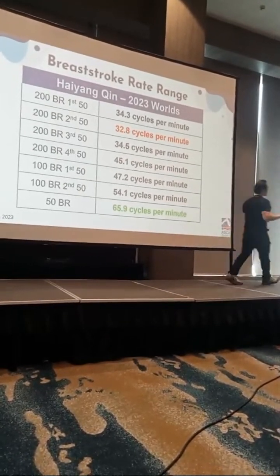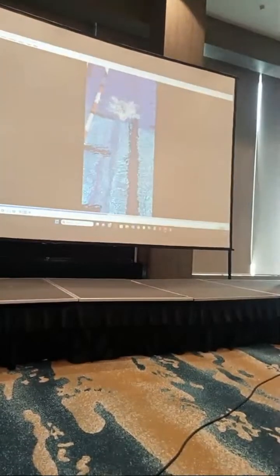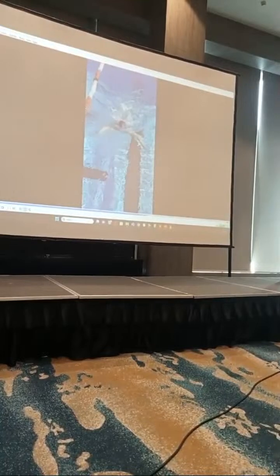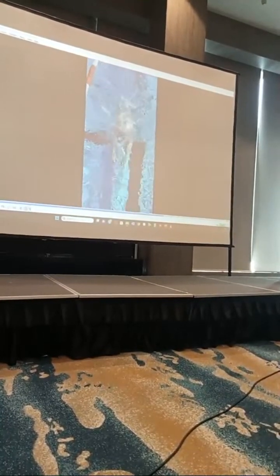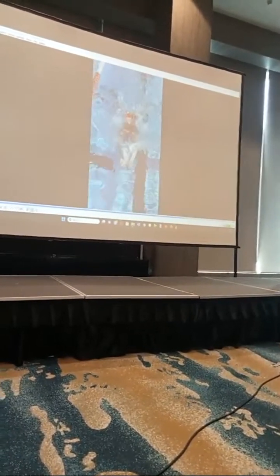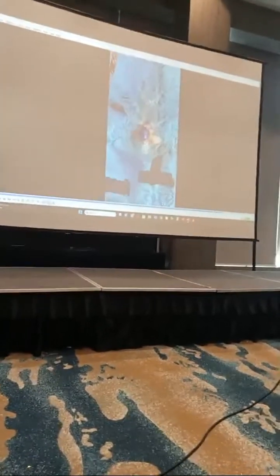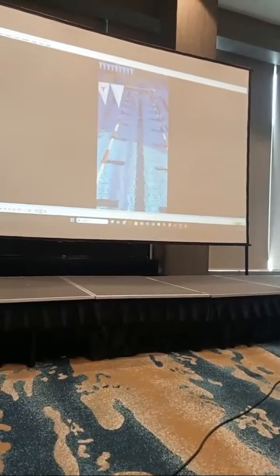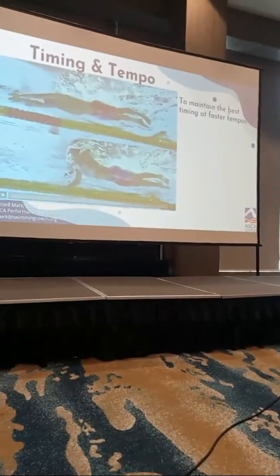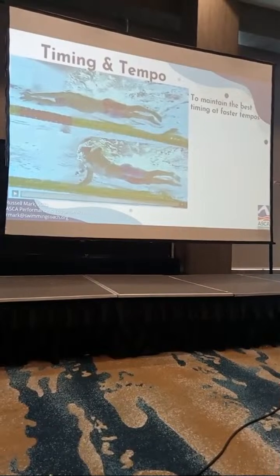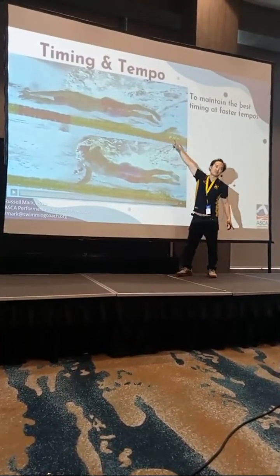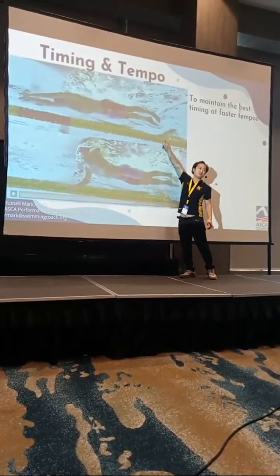So here's the thing, I'll show you a different slide. This is very difficult for sure. But I would say this is right here. So this swimmer right here, second 50 of a 200.